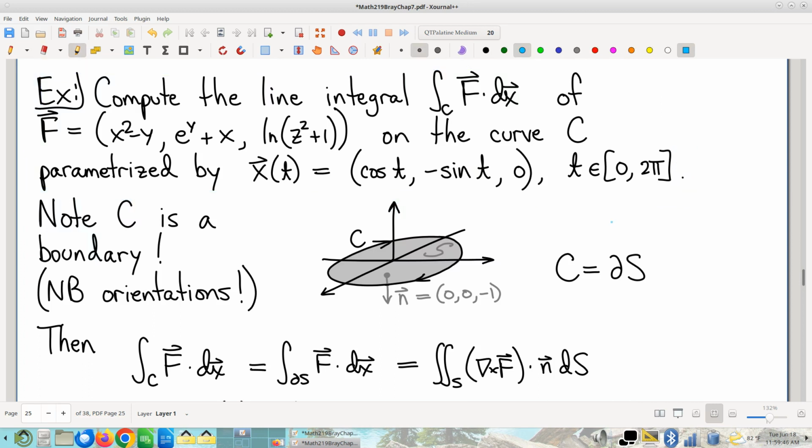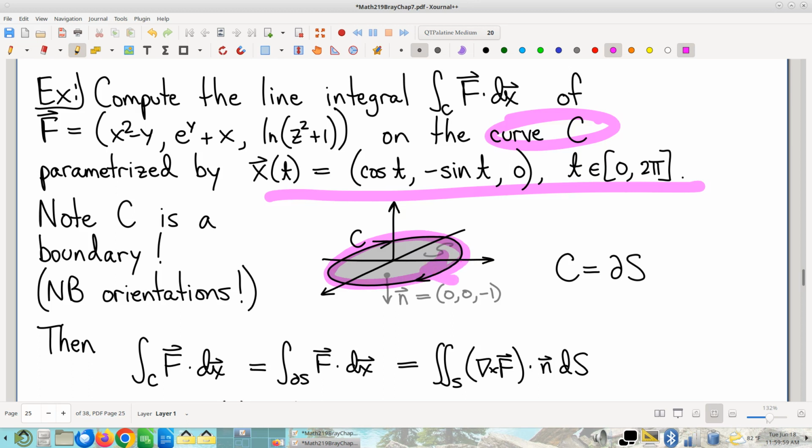Okay, so here's how we're going to use the more powerful tool. We've got to look at our curve. We have this curve C. It's parameterized like so, which I claim goes around this unit circle in the XY plane clockwise. There's quite a bit to think about there. Roughly speaking, this minus sign is why it's going clockwise instead of counterclockwise.